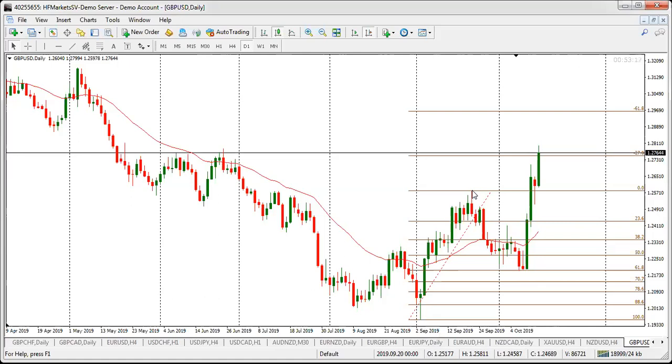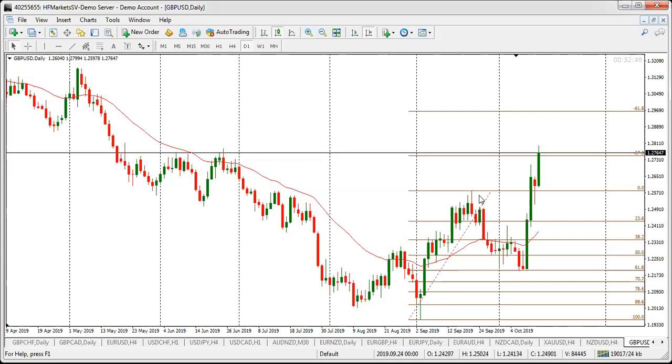Since we need the data of last month to be able to predict what will happen this month, I'm measuring between the lowest for the month and the highest for the month. That's why I'm working with the wicks, not with the body. So I pick it from the week of the lowest and took it to the week of the highest. So you do say that I do a swing low to a swing high.